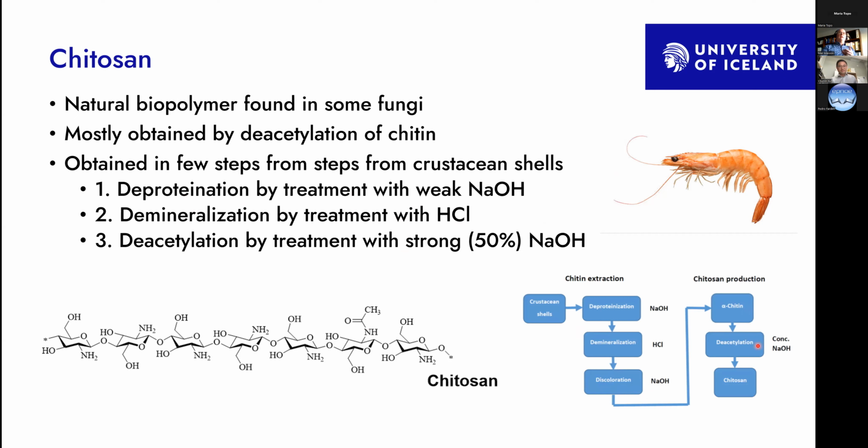And then in the same factory, the deacetylation is performed to make chitosan, which is then the main product. But it usually requires quite concentrated sodium hydroxide to perform this deacetylation.